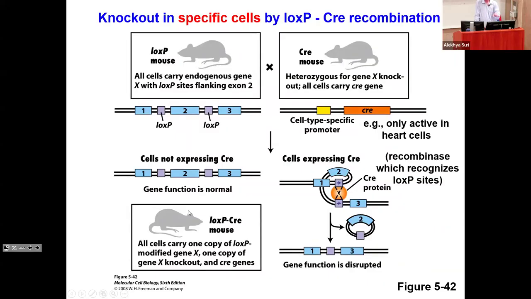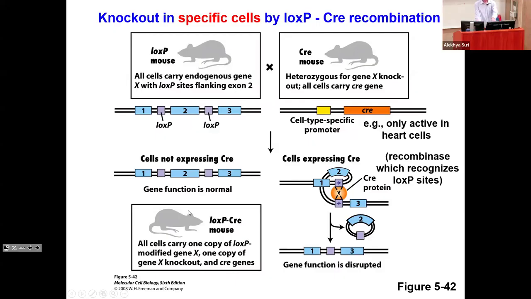So in this system, a gene knockout will be created only in specific tissues, or you can also use this method to do the knockout in the mouse at a later time point in development. So for example, the gene is required during early development, then you induce the knockout at a later stage, for example.